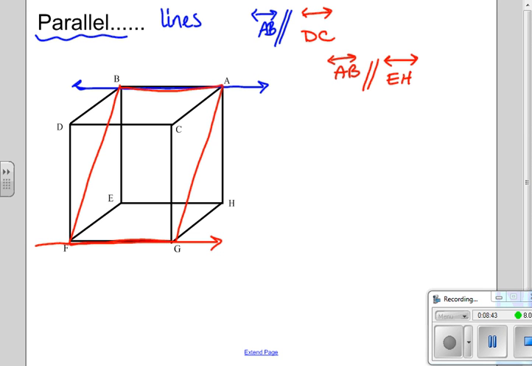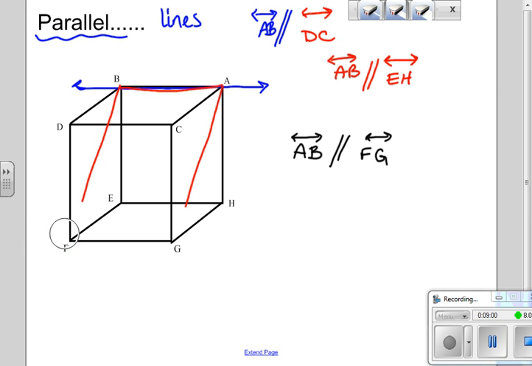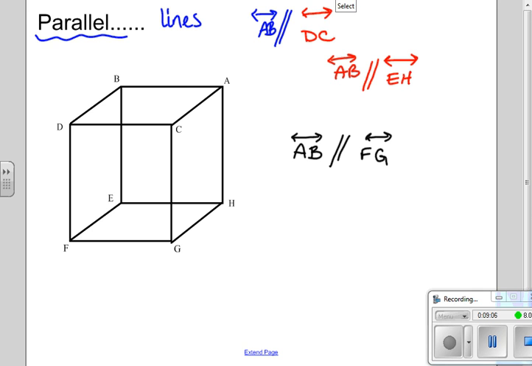So that means those two are actually parallel as well. So our original line AB is going to be parallel to line FG. And sometimes that's the hardest one to see because when you first look at the picture, it doesn't look like they're in the same plane. But it is. We just have to remember that not all planes can be drawn on one figure.